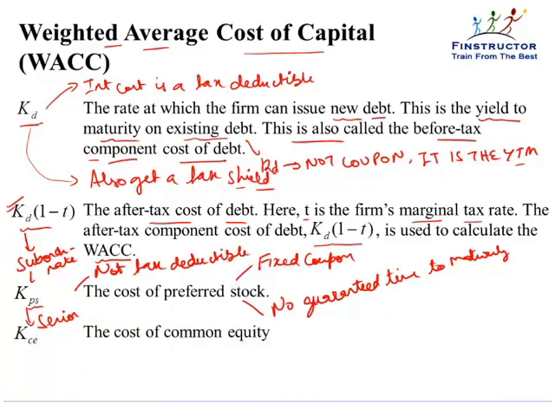Finally, arguably the most popular source of capital is the common equity. So this is the most expensive source of financing. Common equity holders are the owners of the company. They take big risk. They participate completely in the profits and losses.